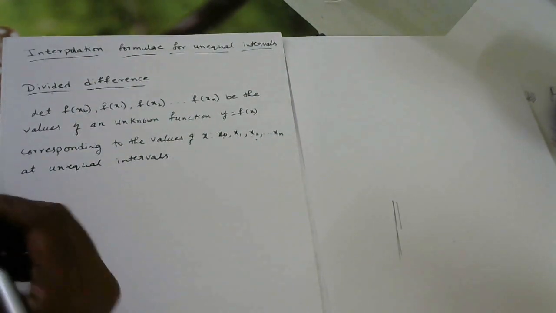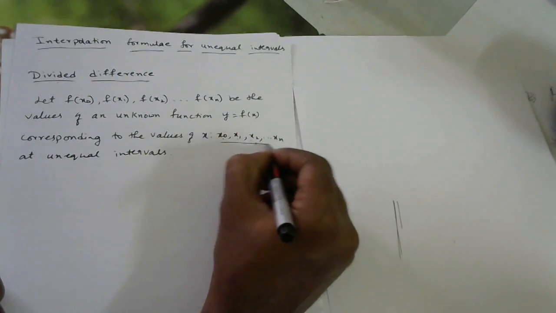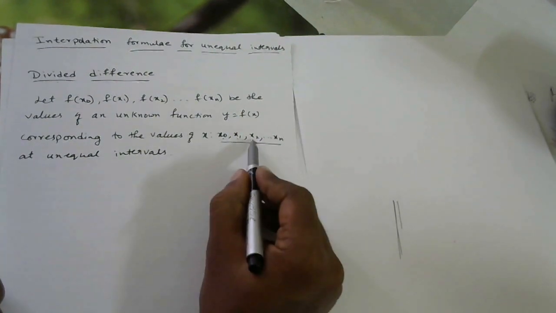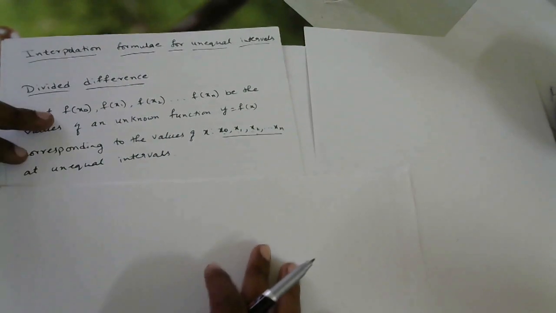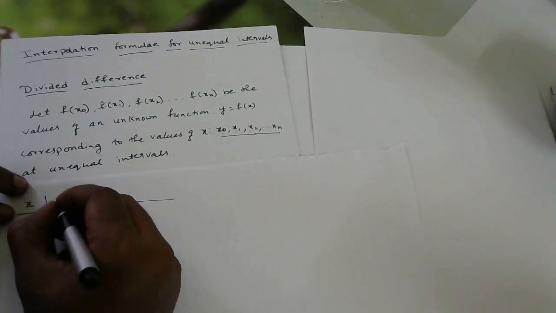Now here I'll construct the table. I'll take an example up to x3. So how to construct the divided difference table: here I'll take x and here y.